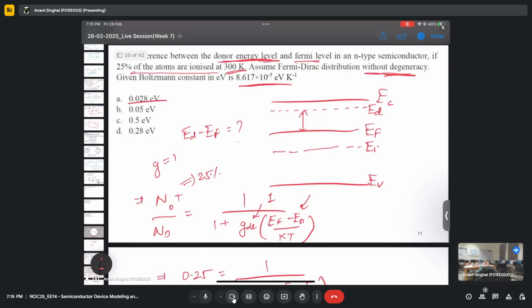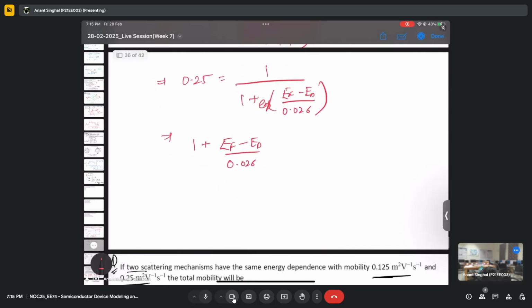Okay, so let's see quickly. So 1 plus exponential of this equals 0.25. 1 by 0.25, so this is 4 minus 1, which will be 3. If we take ln on both the sides, it will be 0.026 times ln 3, which is EF minus ED.